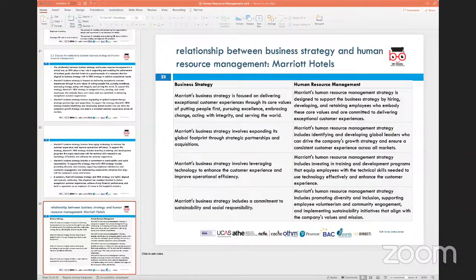So if they start construction on the 1st of January and expect the construction to finish by 30th of December, and they want the new property to start inviting guests and taking bookings from, say, 30th of January next year, then the HR department would need to swing into action, and they will work very closely with the business side to ensure that after 6 months, when the infrastructure is ready and things are moving towards the finishing side, they start recruiting, start training, and start doing other functions which are required, so that when the hotel is completely finished and handover is done, they should have manpower ready to take on different roles working within that particular location.